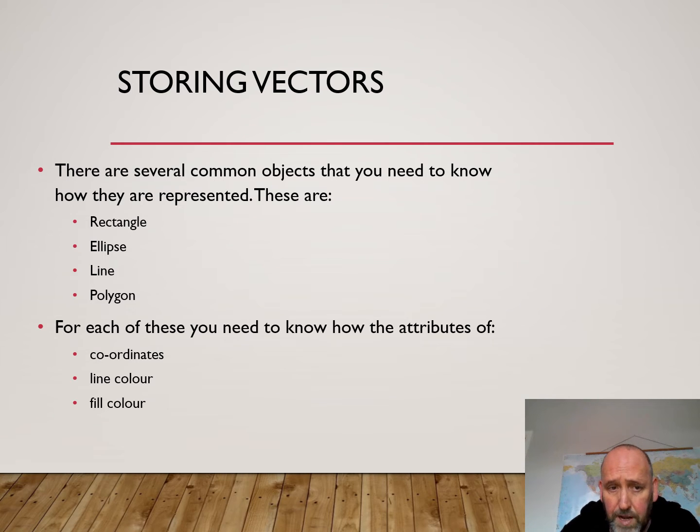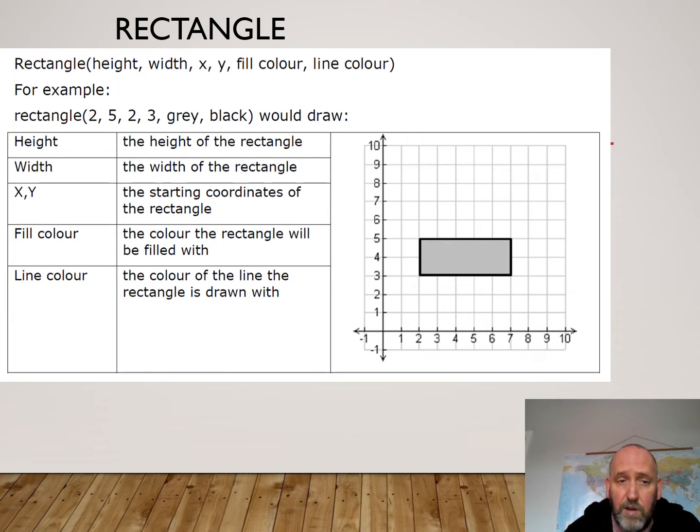So there's four vectors we need to understand: rectangle, ellipse, line, and polygon. And we need to know the coordinates, the line color, and the fill color. So here's a rectangle. We get the height, the width, the X, Y, fill color, line color. So here we are.